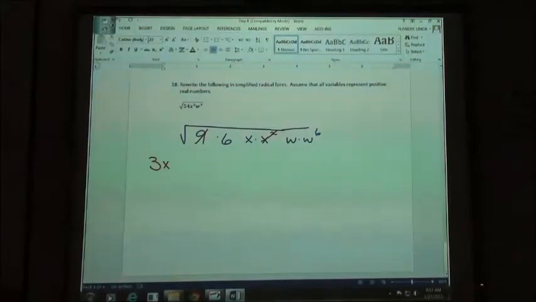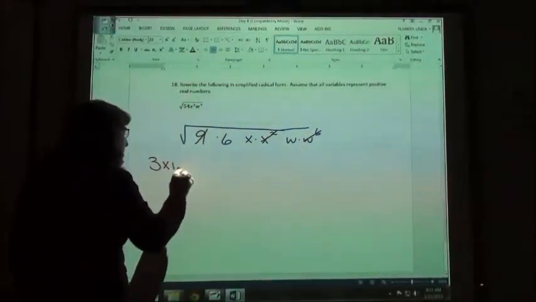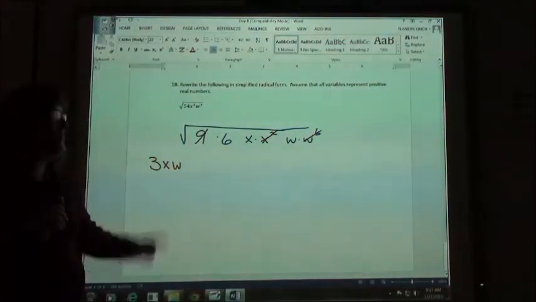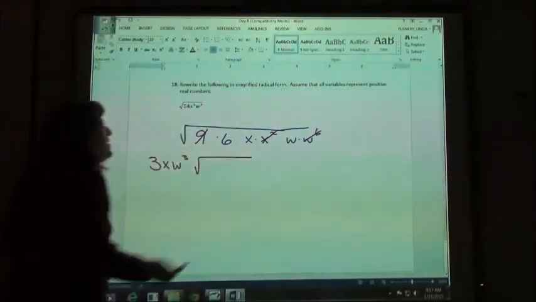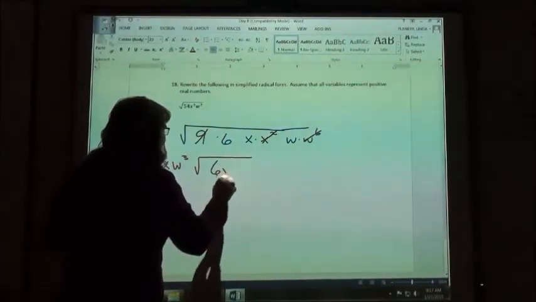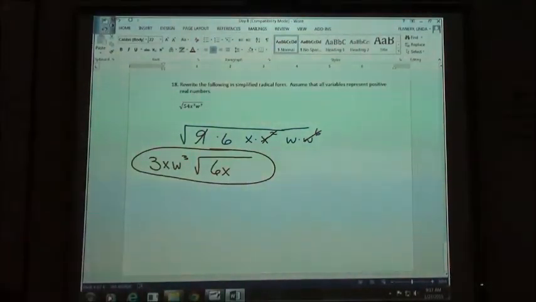And then your w to the 6th. The square root of w to the 6th is w cubed. And I have what left underneath my radical? 6x. So we get 3xw cubed square root of 6x.